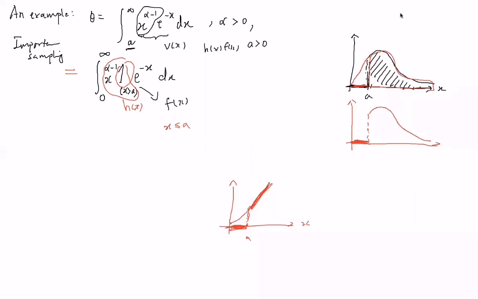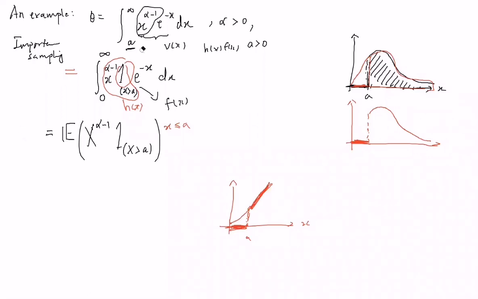Okay. Now, if you do this, then your Monte Carlo estimator will be the following: the expectation of h(x), which will be x to the power of alpha minus 1 times the indicator x greater than a.